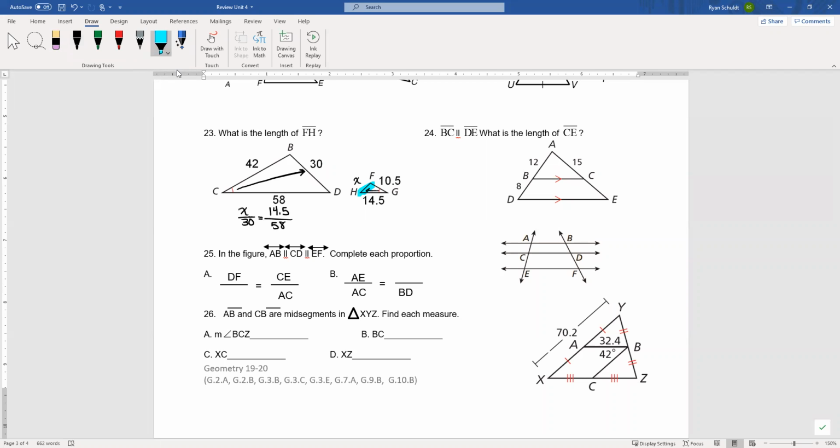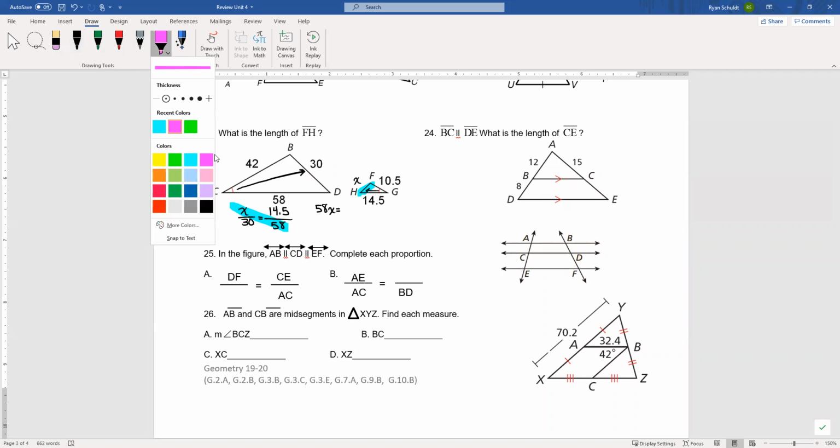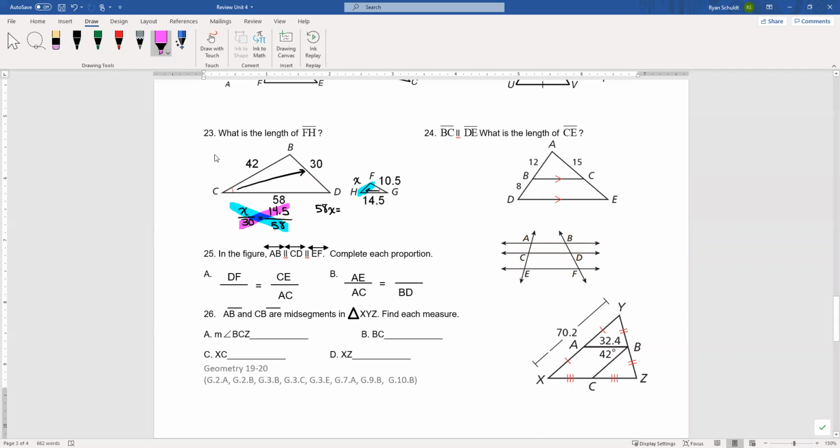And then this becomes just the cross product or the butterfly method. So 58 times X equals 14.5 times 30.